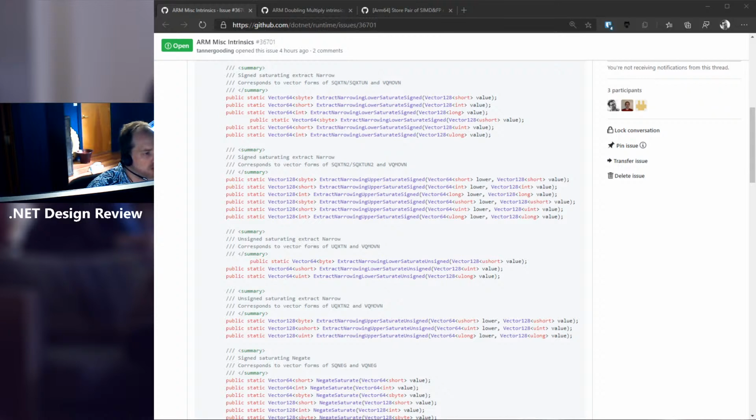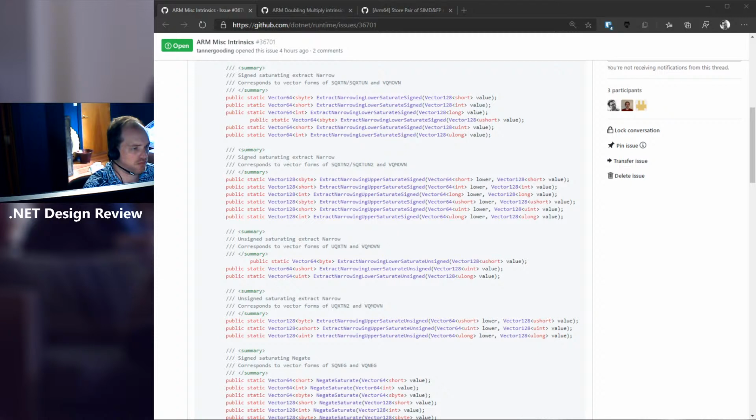Shouldn't the upper be last? I didn't put it last because the order of operation is extract, narrow, the upper or high half, and saturate.